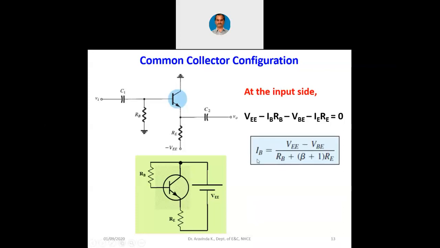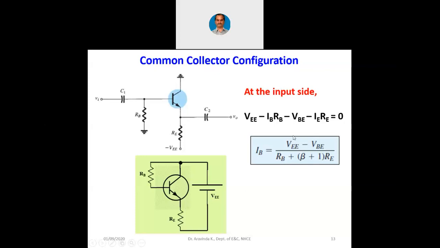That is, IB equals VEE minus VBE divided by RB plus 1 plus beta into RE. Now, remember this expression is the same as the expression we had obtained for self-bias as well. Now, this is IB. Once you know beta, you can easily find out IE also, IC also.